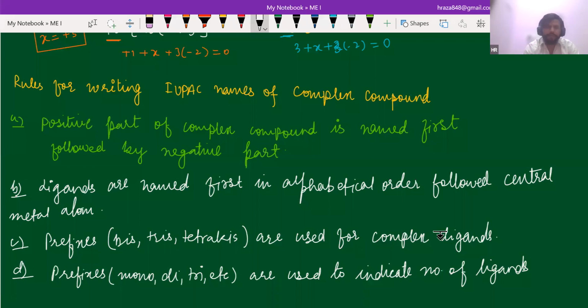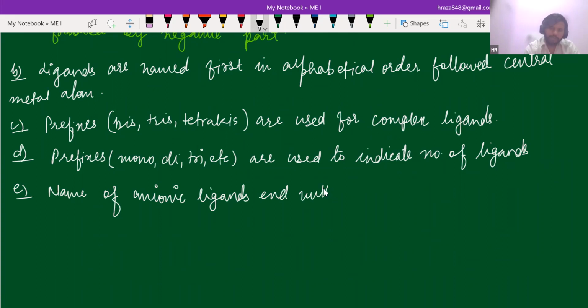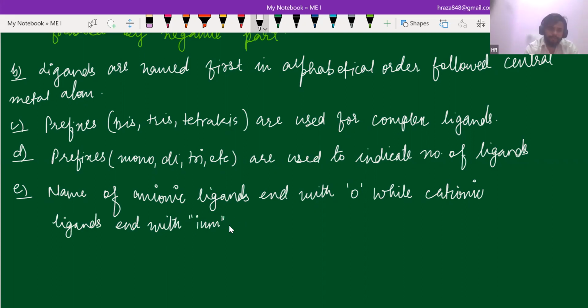Please do that. After this, the name of an anionic ligand, which is very important, ends with O. If there is any cationic ligand, it ends with IUM.